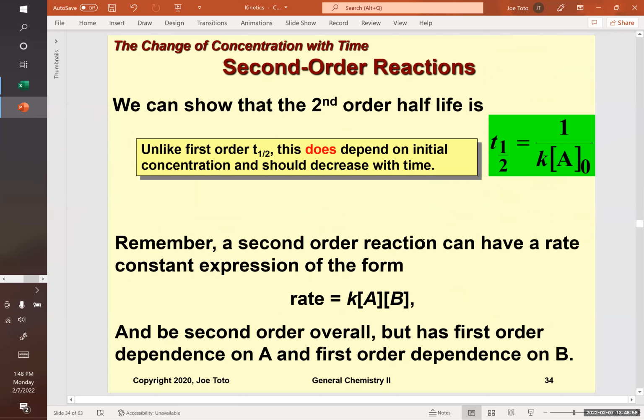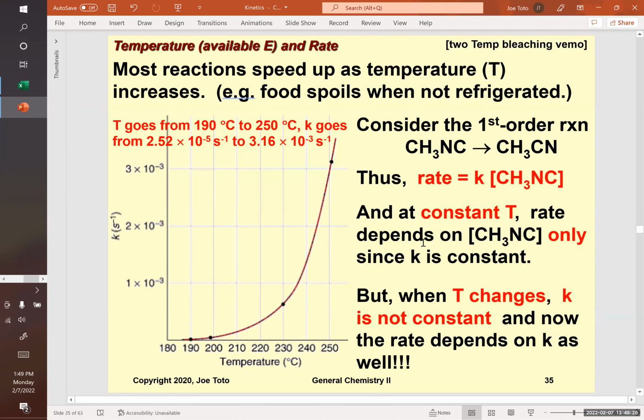Okay, now we're going to move on to something a little bit different. Now that we have that integrated rate law down, we know that integrated rate laws associate how the concentration changes in time, whereas just a regular old rate law talks about how the rate is dependent on initial concentrations. So now we're going to move to the rate constant itself, k, and dig in a little deeper into what affects the rates of chemical reactions.